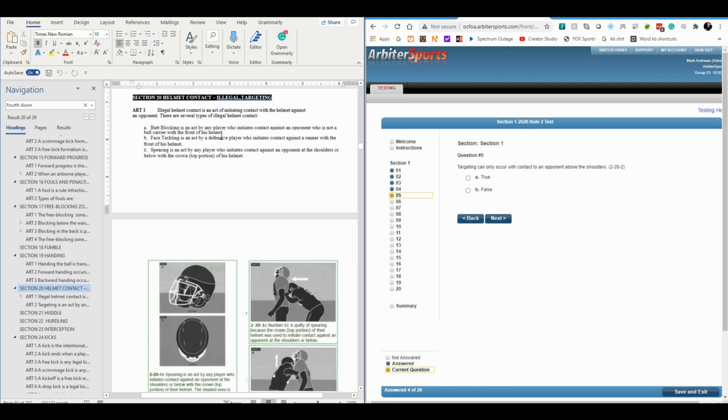Okay, I'm going to tell you that I've never seen that called, and if we have that kind of contact, I'm going to support you with the targeting call all day. Okay, if it's above the head, if it's above the shoulders, with the front of his helmet, I'm fine with targeting.